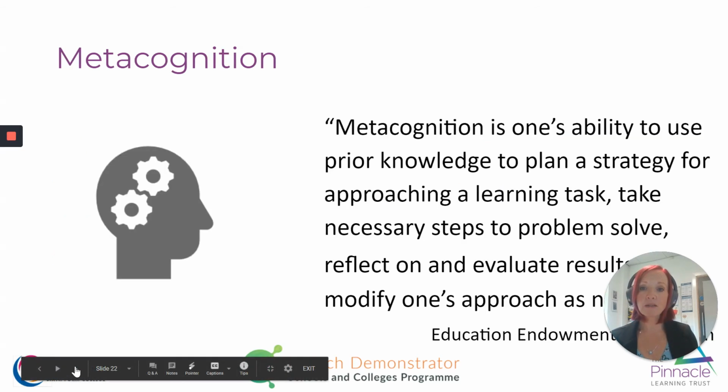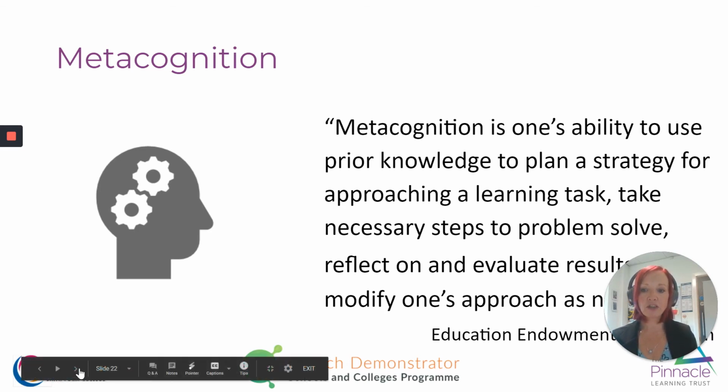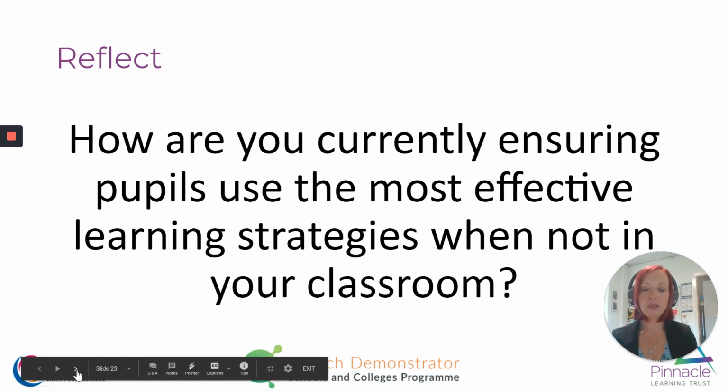So it can have a big impact on disadvantaged learners. And this is the Education Endowment Foundation's definition of metacognition: an ability to use your prior knowledge to plan a strategy, to take steps to problem solve, to reflect on and evaluate, but more importantly, that we modify our approach. So that's the definition of metacognition.